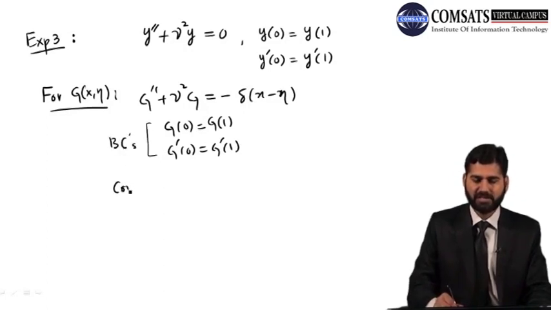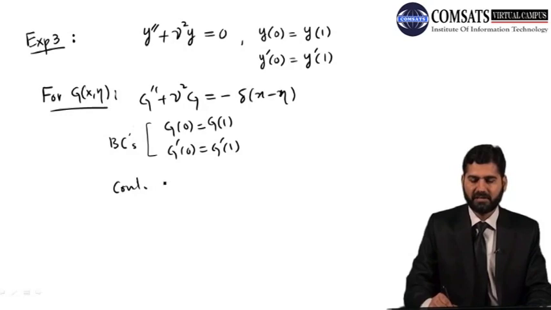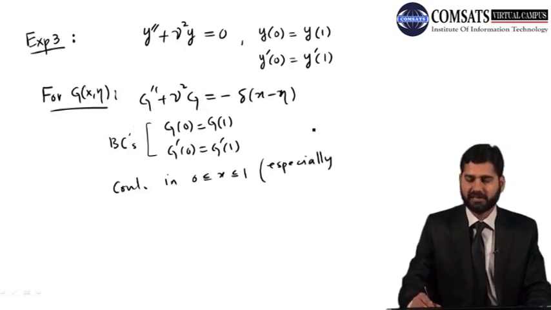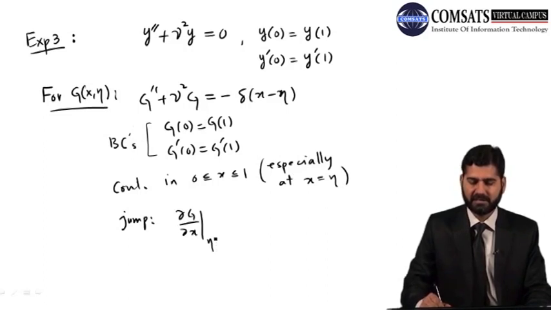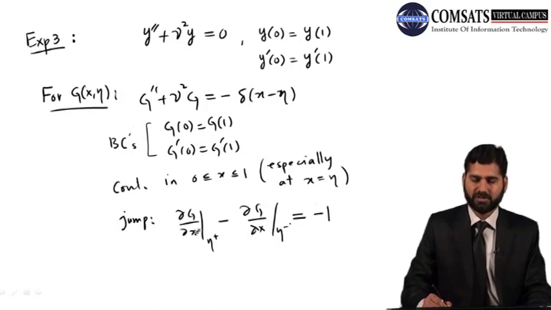Then you have a continuity condition: g is continuous in the whole interval, but especially at eta we usually have problems. Then the jump condition: partial g by partial x at eta plus minus partial g by partial x at eta minus is equal to negative 1. So we need to solve this whole problem as before.